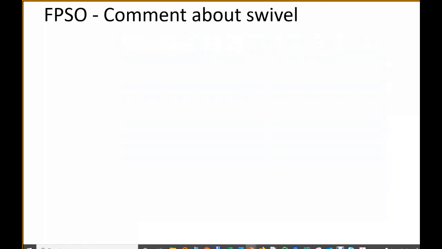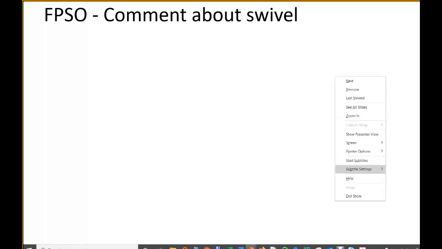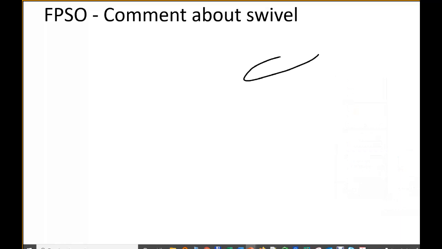Something very important about FPSO, and here we have our first sketch, just to say we are doing some engineering: the FPSO is essentially a ship.